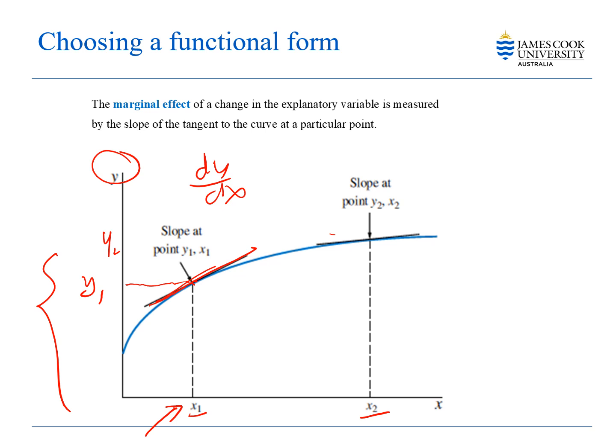We can see that now this slope is flatter compared with this. This is steep, this is flat. So we see that the marginal effect of x on y is no longer constant. It depends on what the value of x is. Then the question: can our linear model capture this nonlinearity?